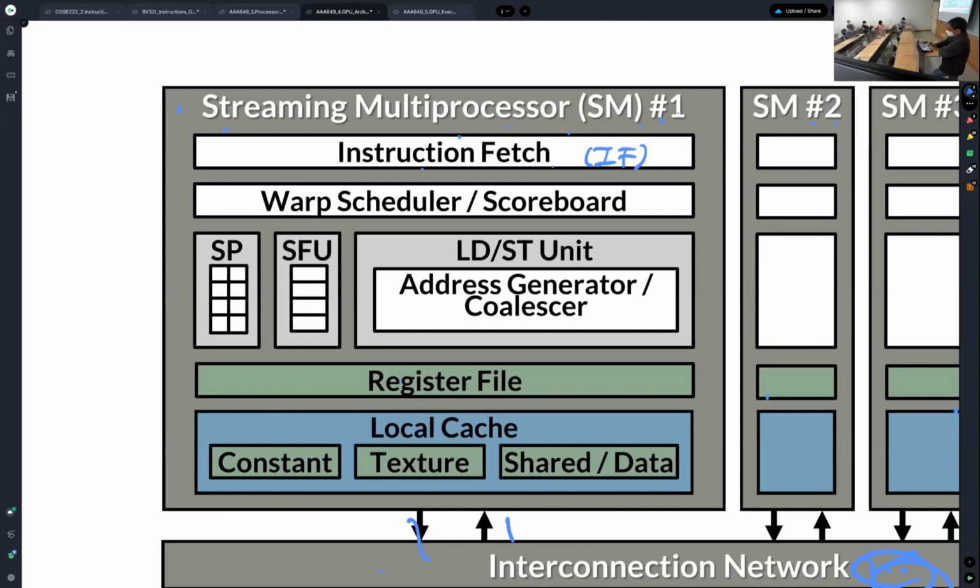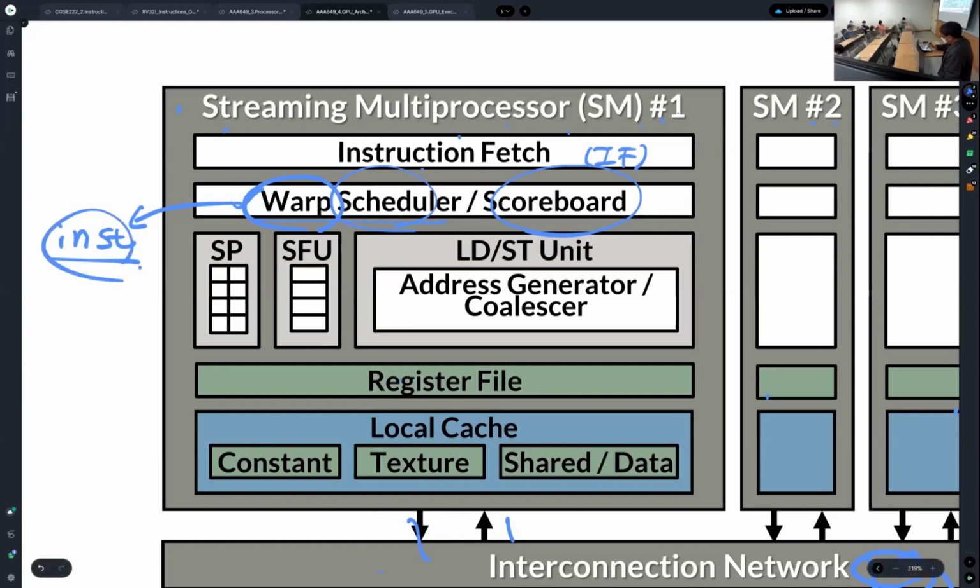Also, you can find that there's a warp scheduler and scoreboard. You can find the new terminology warp. I will skip the explanation of the warp this time, but warp is similar to the instruction of CPU. So what does it mean?